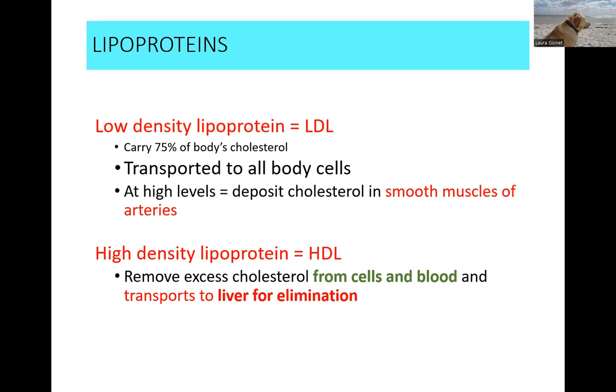Okay, high density lipoproteins, or HDLs, remove excess cholesterol from cells and from blood, transporting it to the liver for elimination. So HDLs are working for you to help get rid of excess cholesterol. Whereas low density lipoproteins are depositing cholesterol, or have the capability of depositing cholesterol to the smooth muscles, but transported to all body cells.